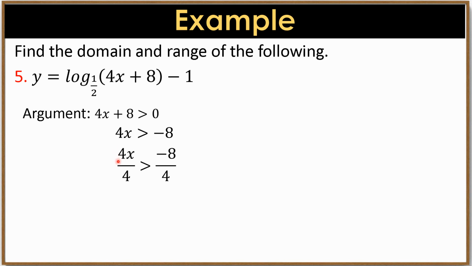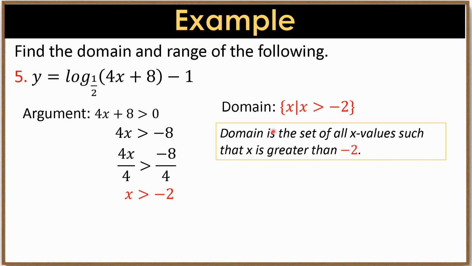So 4x divided by 4 is x. And negative 8 divided by 4, we have negative 2. Therefore, our domain is the set of all x values that is greater than negative 2.